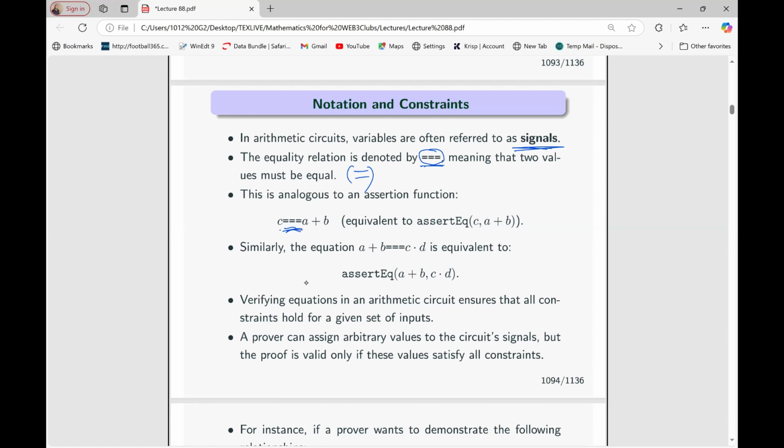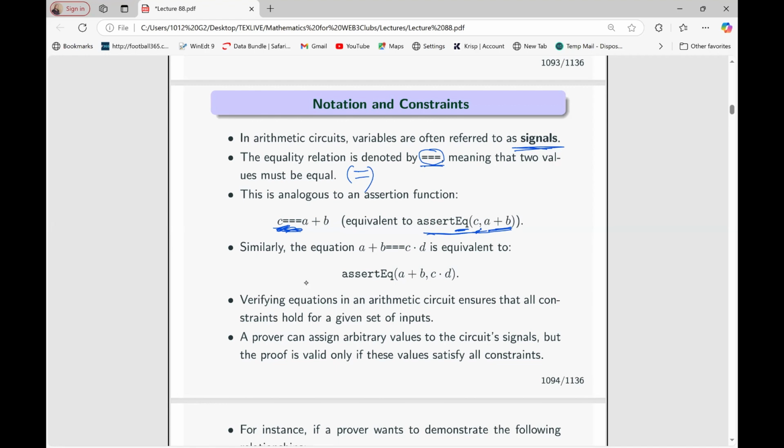It is equivalent to writing, if you don't want to write it this way, then you write assert equality, C, then comma, A plus B. Because we are talking about equality, C will be equal to A plus B. So instead of writing this, you may also want to write it this way.